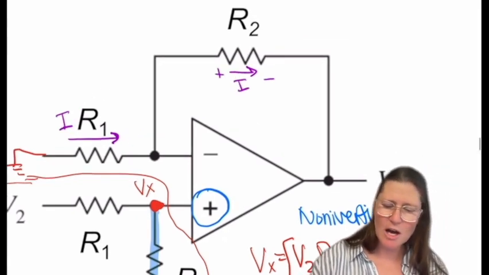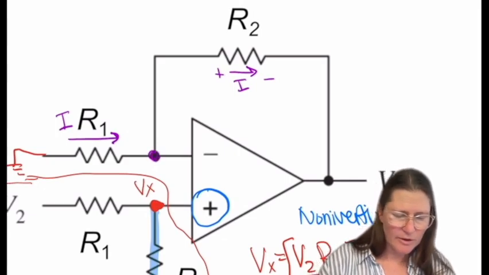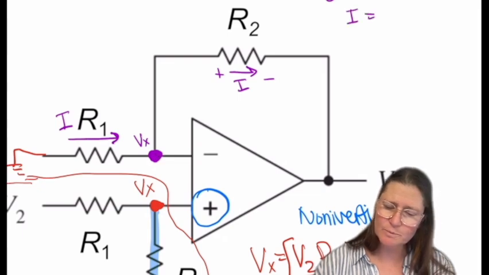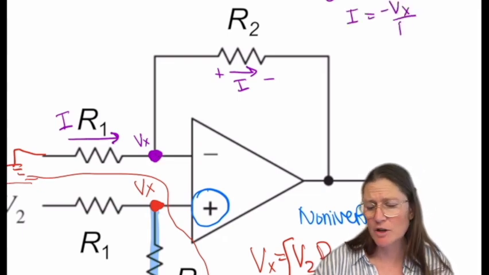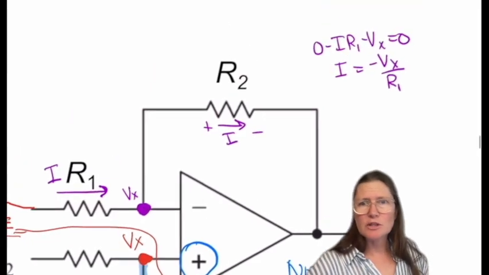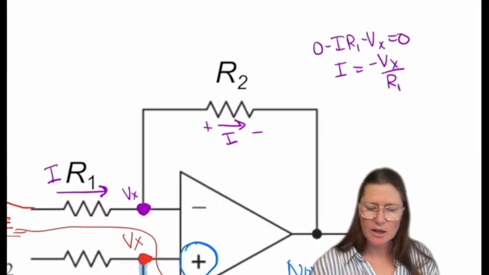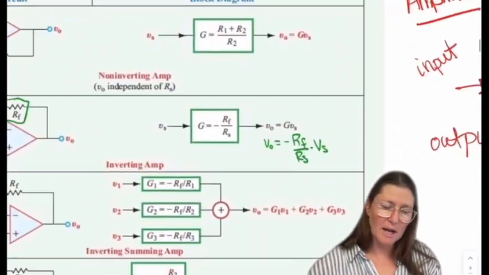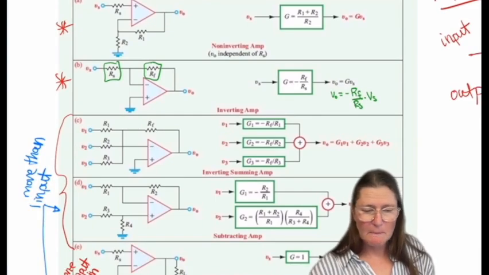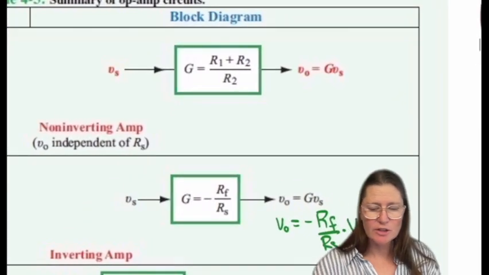So this node is going to be the same, Vx. So you have 0 minus IR1 minus Vx equals 0. So I is equal to minus Vx over R1. So that will be the difference in equations. And then your end value, you can go back to the table that you have or derive it. But your equation is going to be this one.